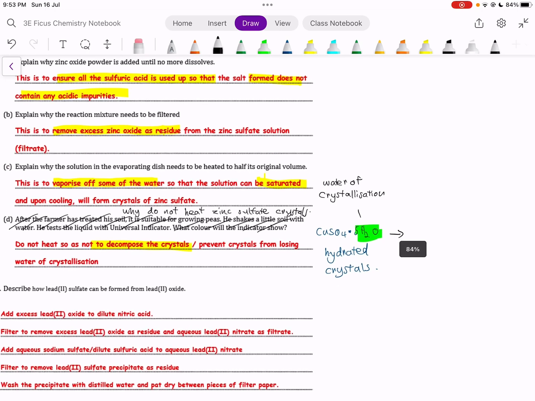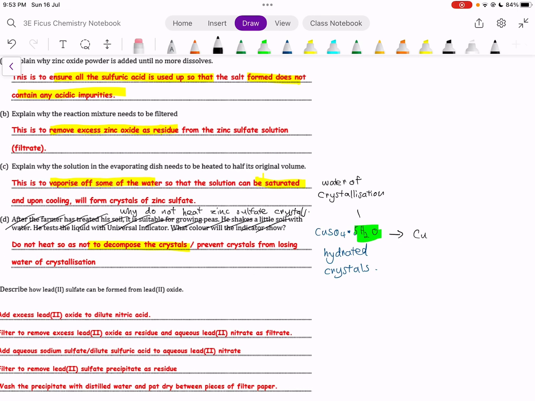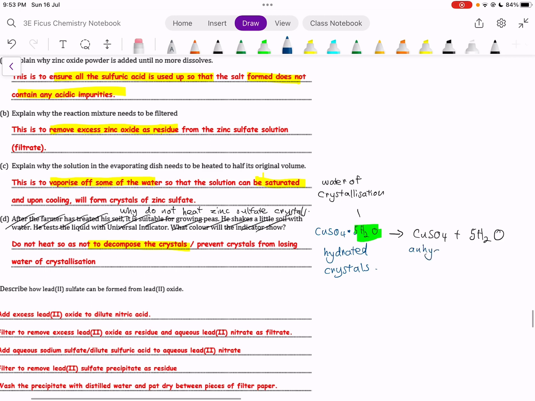Once you heat it, it will become anhydrous. Anhydrous means without the water of crystallization. The dot 5H2O comes out as water vapor. Can I show you an example of copper(II) sulfate.